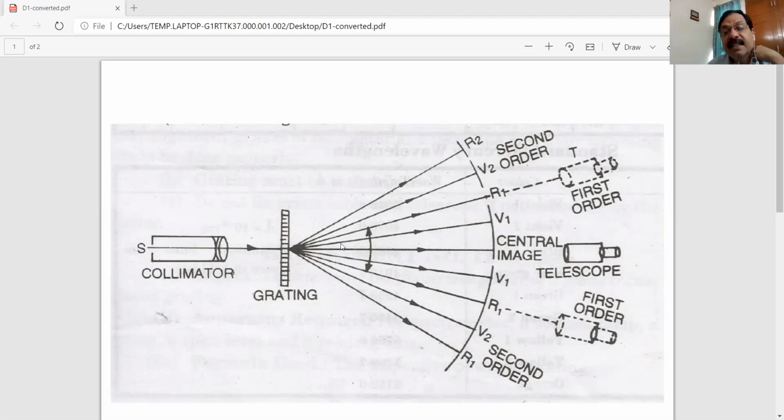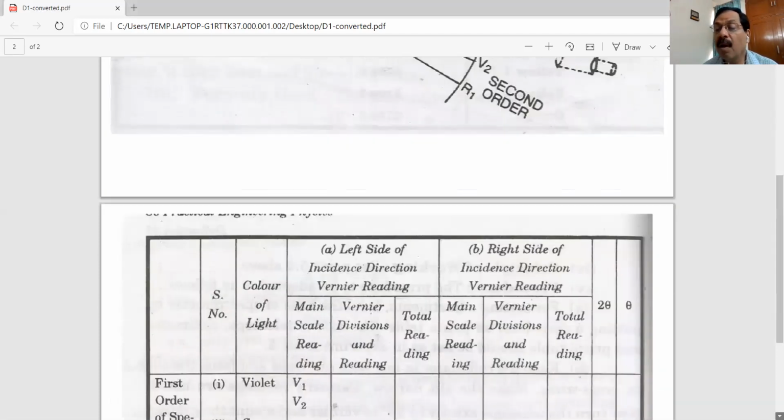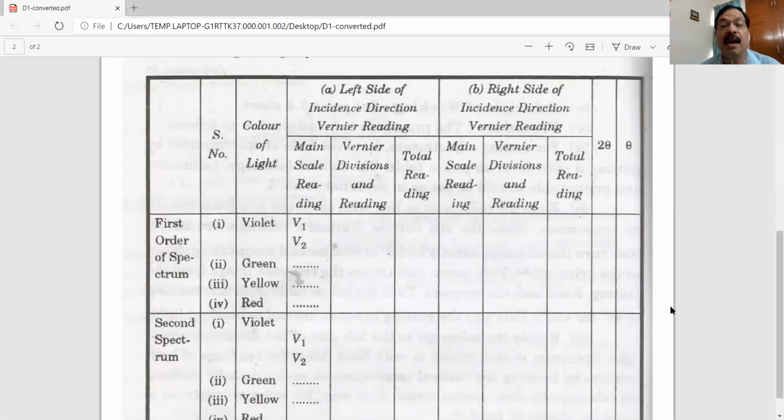This angle is 2 theta for the red spectrum, red light, and half of it will be the angle of diffraction. Okay, now I will discuss the observation table. You will have to prepare this table to determine the value of theta.